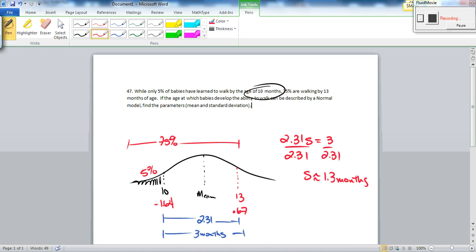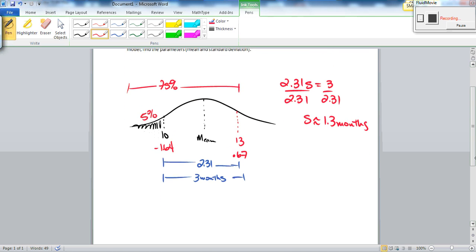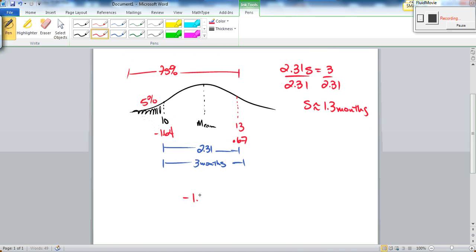The fact that we only have one unknown, we could go to our z-score formula if we wanted. Using either one of these, we should be able to find the same mean. We could say negative 1.64 is equal to 10 minus the mean divided by the standard deviation.